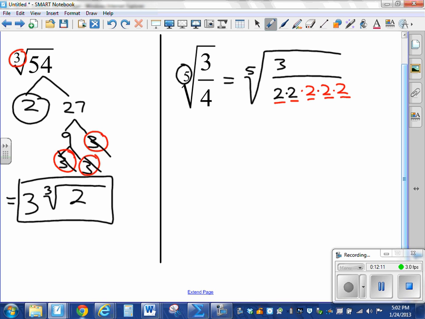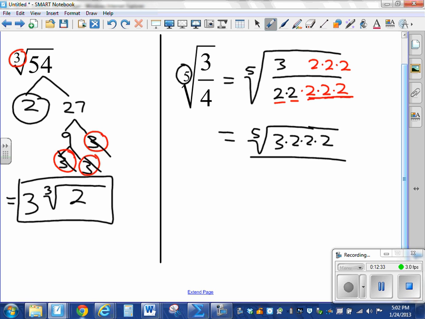But remember, if you do it on the bottom, you must also do it on top. This was Mr. Aguirre's fancy ones. So you have 1 that you multiplied by there, so it didn't change it at all. All right, so we have the 5th root of 3 times 2 times 2 times 2 on the top.